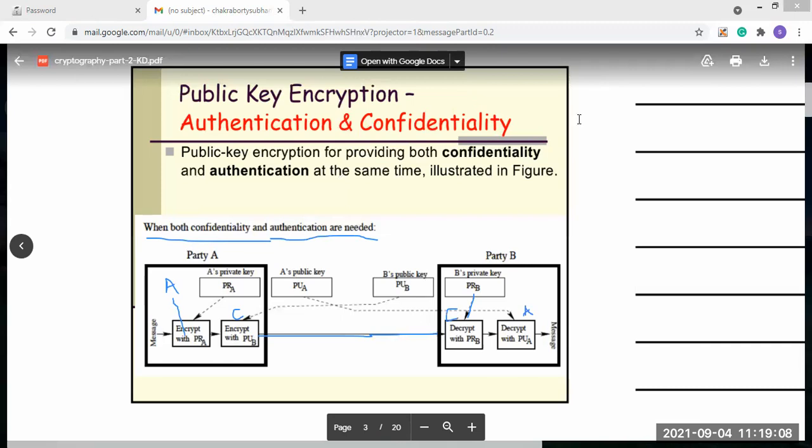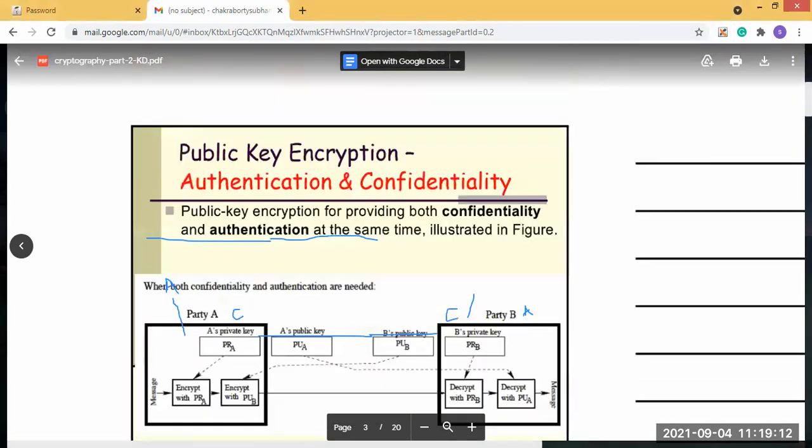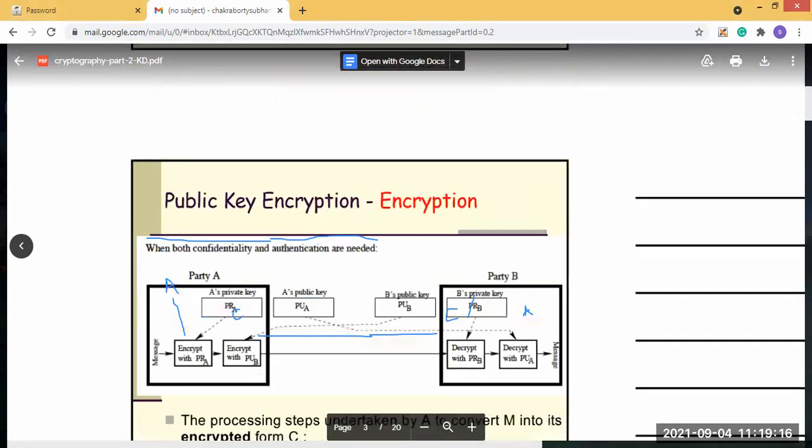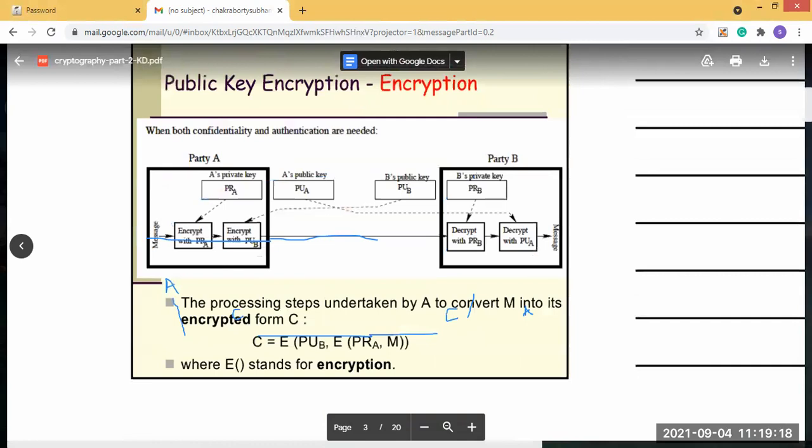So let's see what it says. When confidentiality and authentication are needed at the same time, we do it like this.